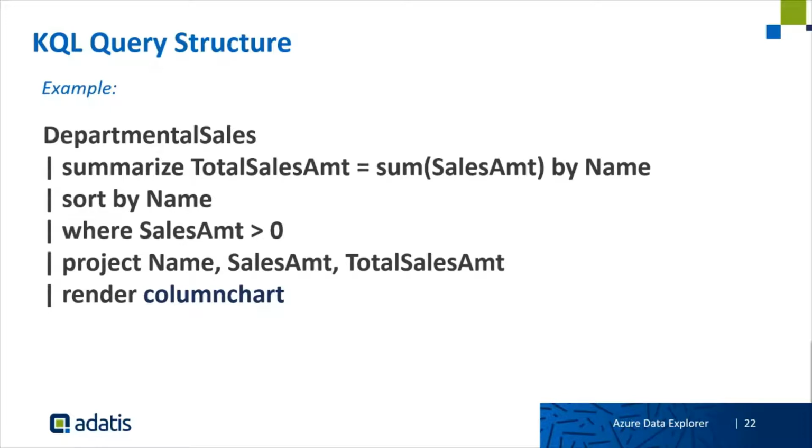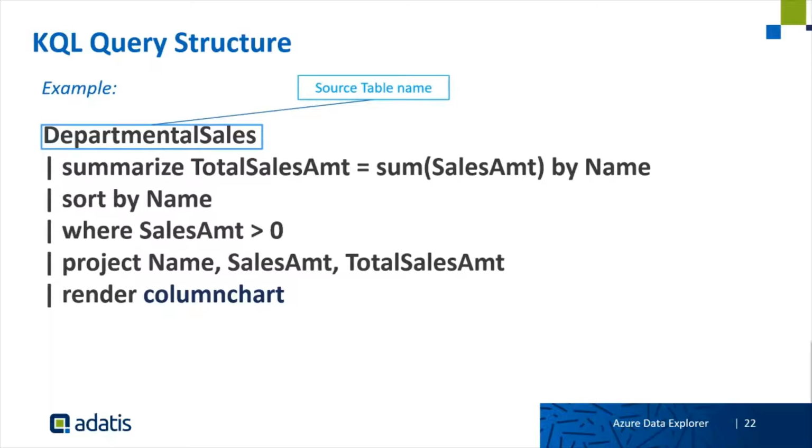So that's what we are doing in the first line, and then we are sorting the results by department name, filtering out where sales are greater than 0, and selecting only 3 specific fields. So we are getting back the name of the department, the sales amount, and total sales amount, and we are then also rendering a column chart.